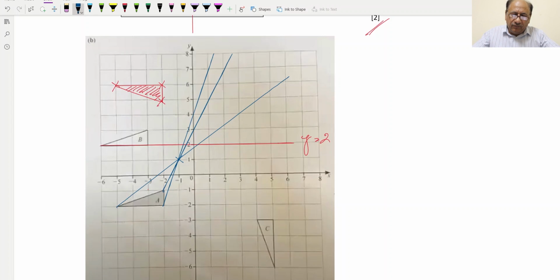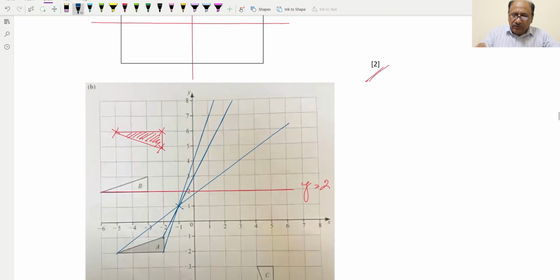And now we can figure out what will be the next. We can extend this line a little like this one, and now we can figure out 2 units from here, and next we can join this one, and this is enlargement by scale factor -2.